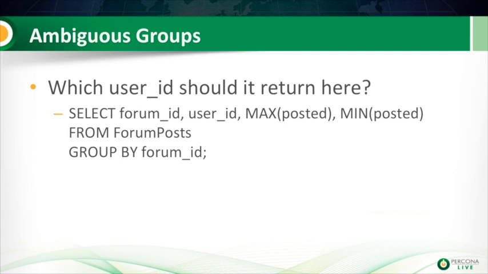So should this return the user ID who posted the most recent or the earliest post from that forum? In fact, it does neither. It returns the user ID who was one of the users, but it is chosen arbitrarily, probably in just storage order from that table.